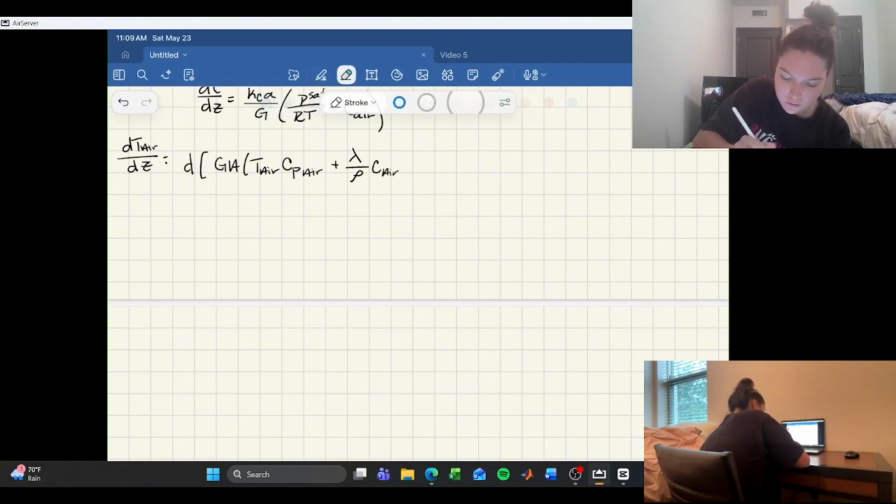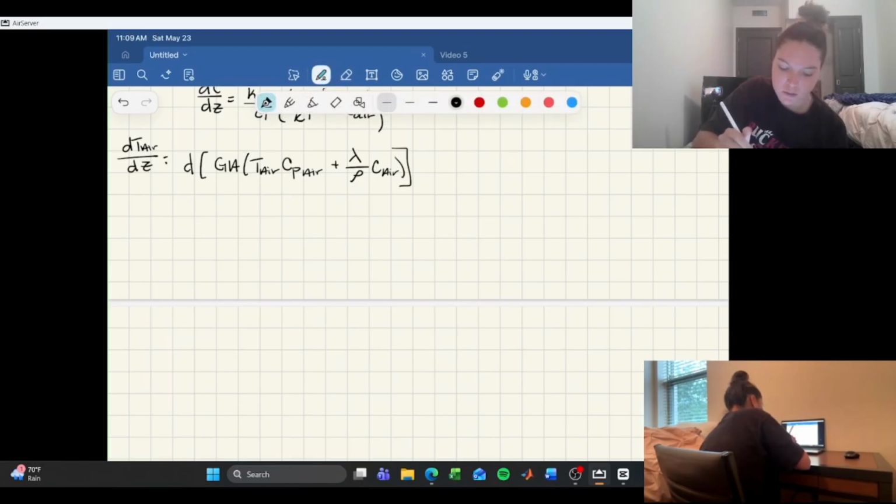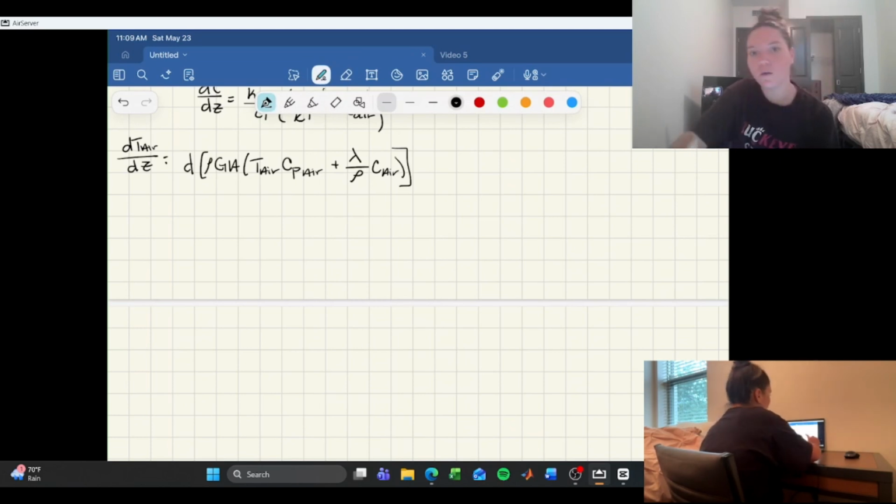And then, to make sure that the units are the same, we have to multiply this by density. So we get a density at the beginning as well.